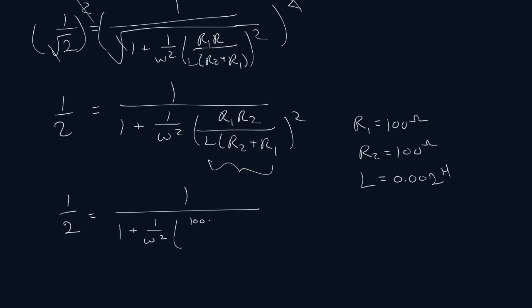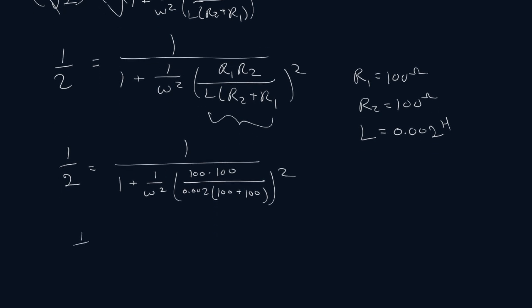So it'll be 100 times 100 all over 0.002 times (100 plus 100) squared. And this should be the 100 squared all over the 100 squared, that's just 10,000. So now 100 plus 100, that's 200 times 0.002, that's 0.4. And that should give you 625 million.